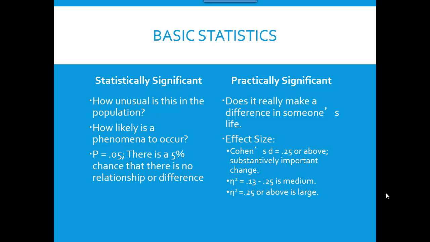Instead, there's a really good indicator here that there was some sort of relationship between what happened in terms of results, pre-test and post-test, and what you did when you did the intervention.